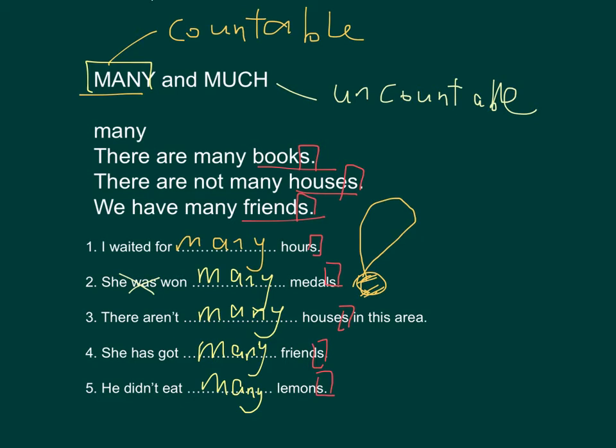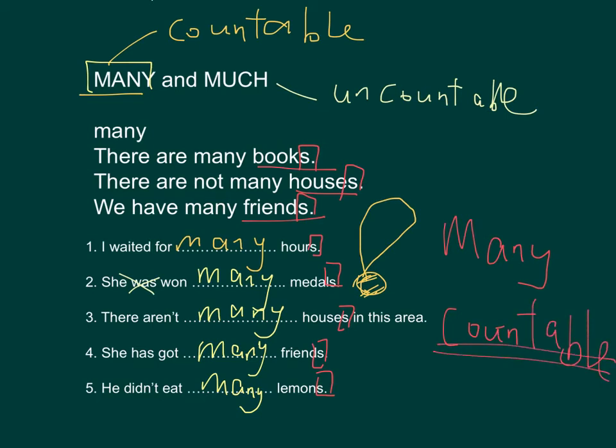Okay, so on this page, we can summarize that we use many to describe countable nouns. So how can we know whether the noun is countable or not? Think about whether the noun can add s after it.